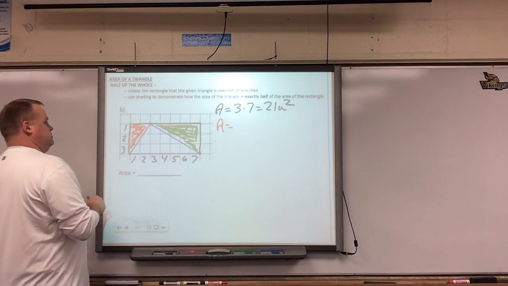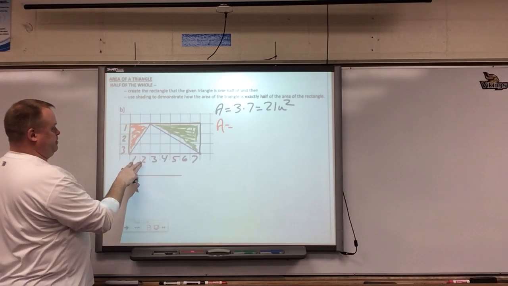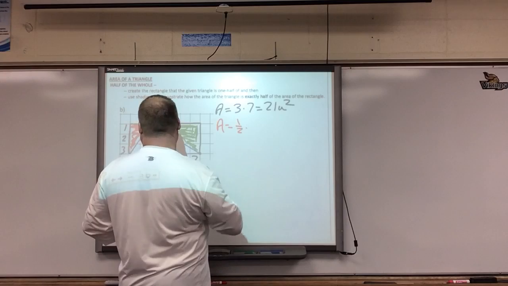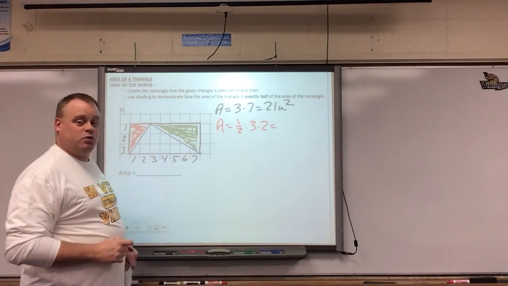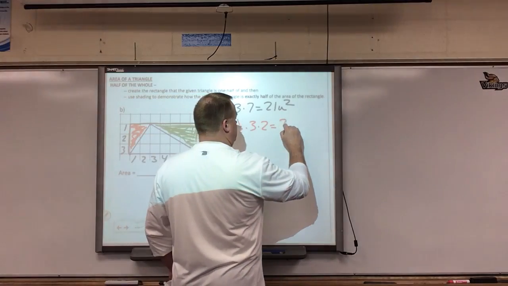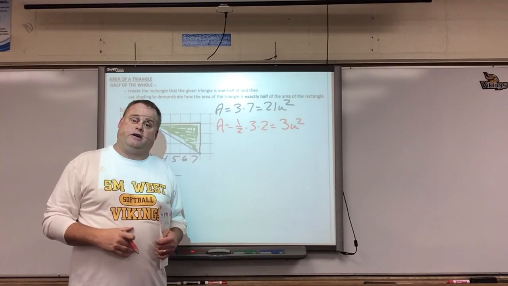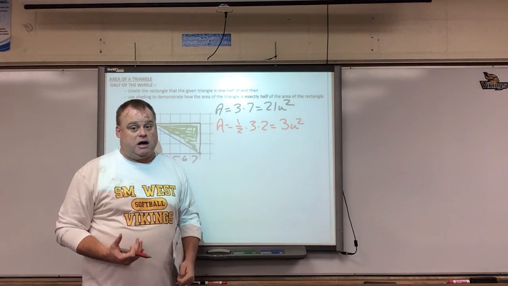It is a right triangle as always. I'm up 3, my height is 3, my base is 2, 1, 2. So 1/2 times 3 times 2, that is 6 times 1/2, or just 3 units squared. Now notice, if you need the calculator out and you can't see that 3 times 2 is 6 times half is 3, put it in the calculator, please.